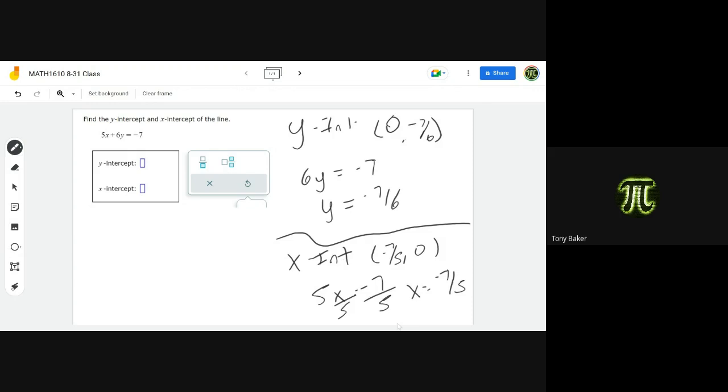Couple more. We're almost there. Find me the domain of this one.